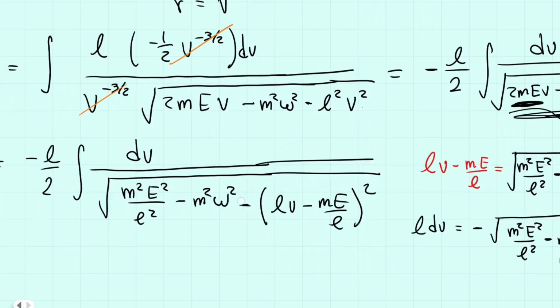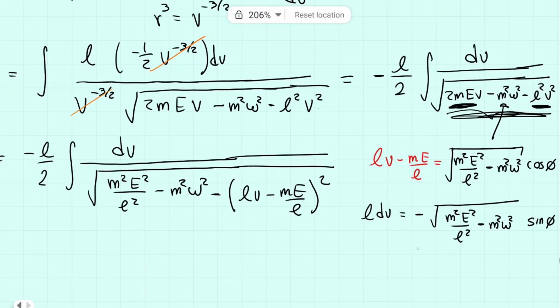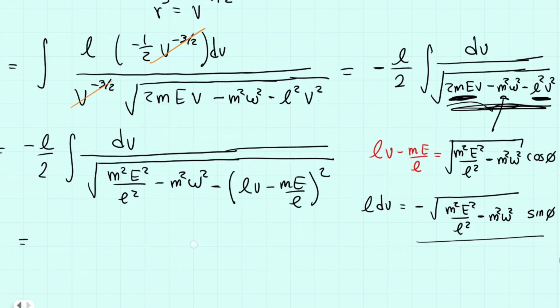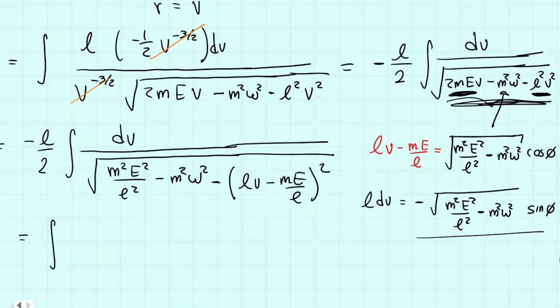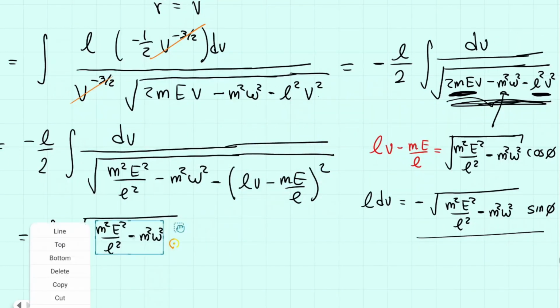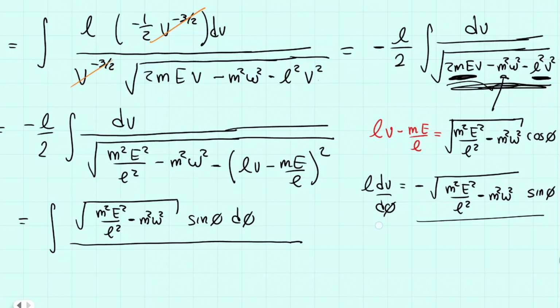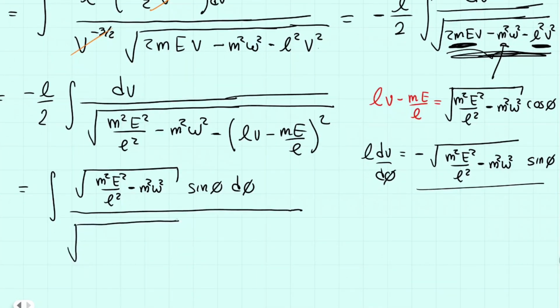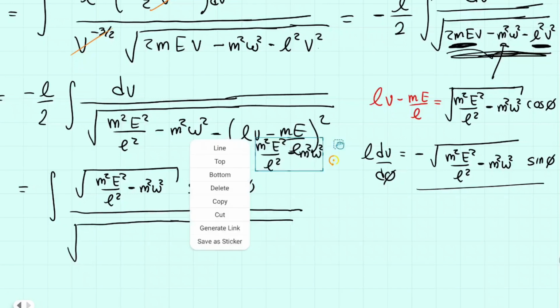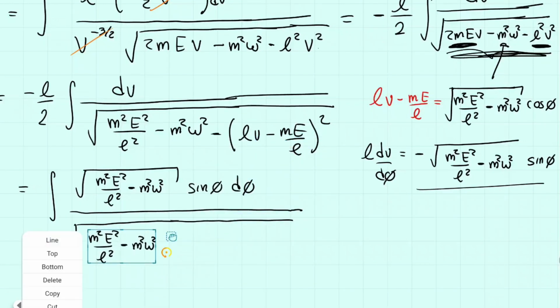We have L dV, so we can just put this to get that this is going to be the integral of the square root of this expression here, times, and this is with respect to phi, sine phi d phi, all over the square root of this minus, well, this thing squared.